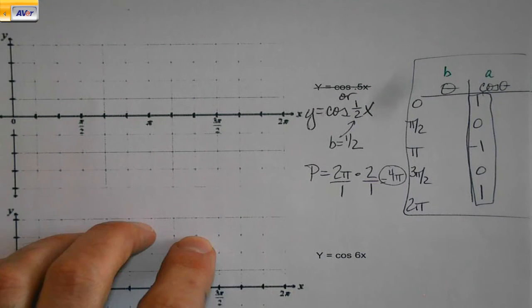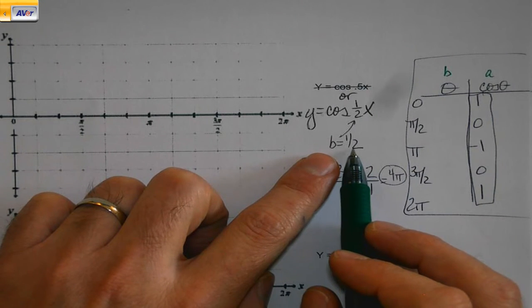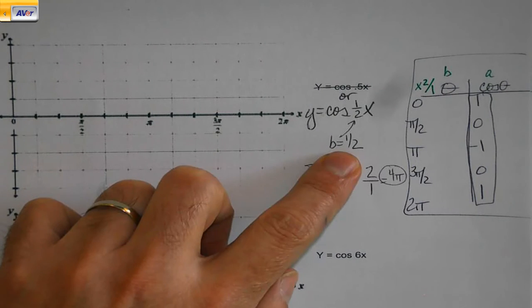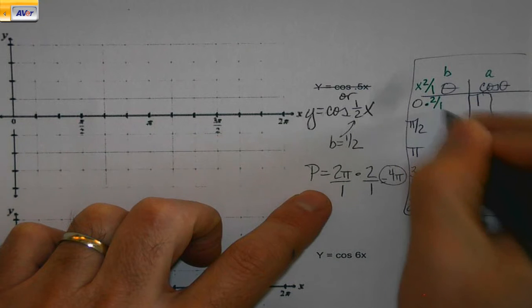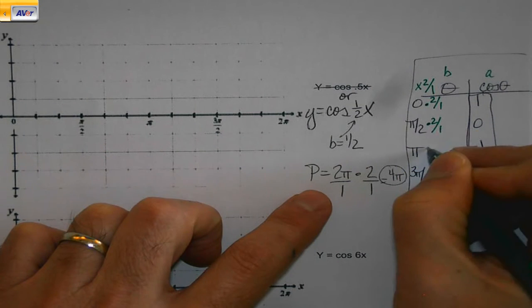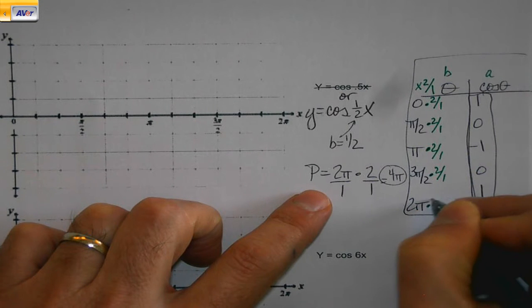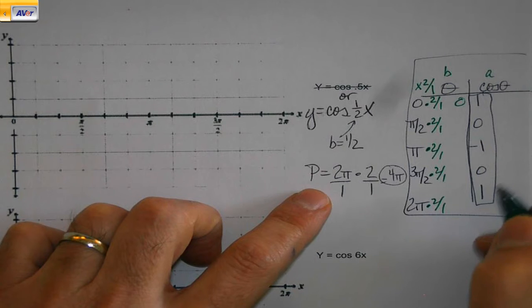And remember, just like I did here, all I'm going to do now is go through and multiply through by the inverse, by the flip of my fraction. So 0 times 2 is 0.